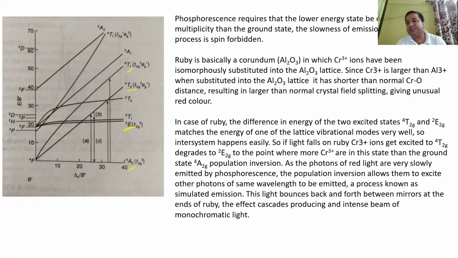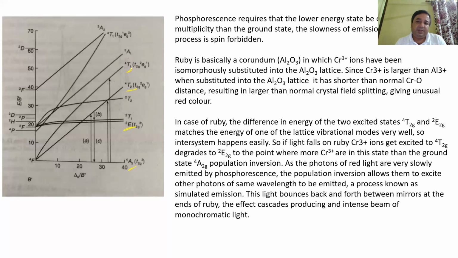So if there was a normal chromium-oxygen bond, the splitting would be somewhere here; particularly for the crystal, it is increasing, because of the shorter distance. So the d orbitals will split more.